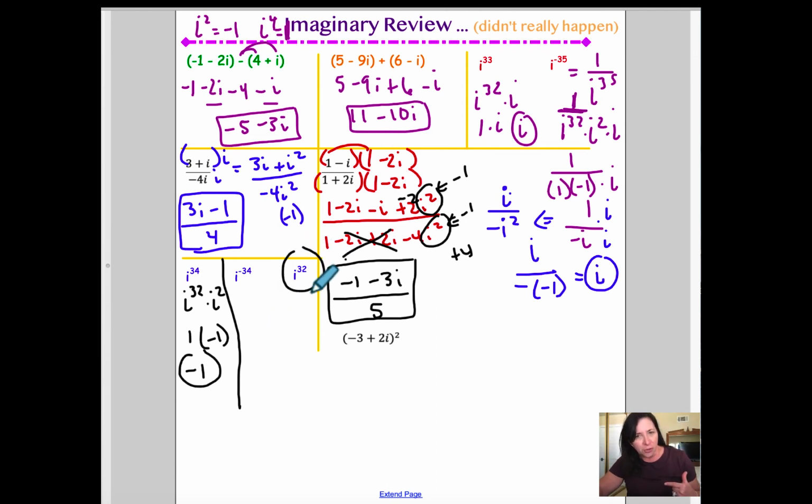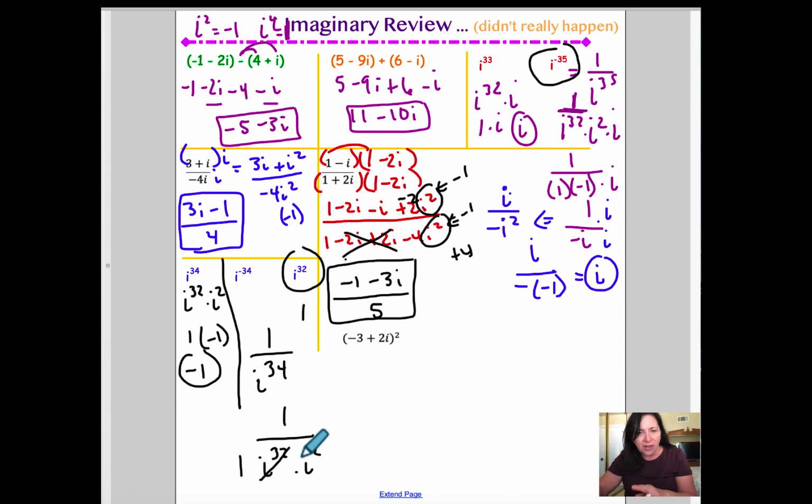i to the negative 34, those are negative. i to the 32 is 1, so that's done. But let's look at i to the negative 34. That's going to be 1 over i to the positive 34, which is actually not as difficult as this one, not that it's difficult, it's just like multiple steps. This one is just going to be 1 over i to the 32nd power times i to the second. i to the 32nd is 1. i squared is negative 1.